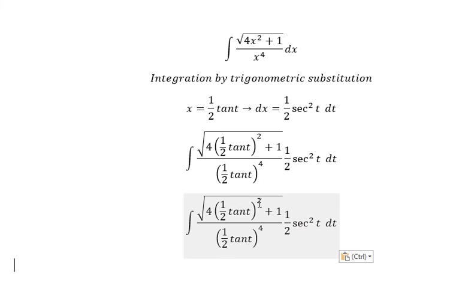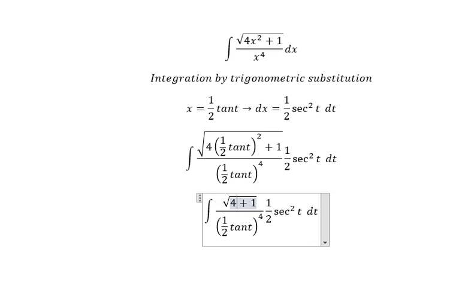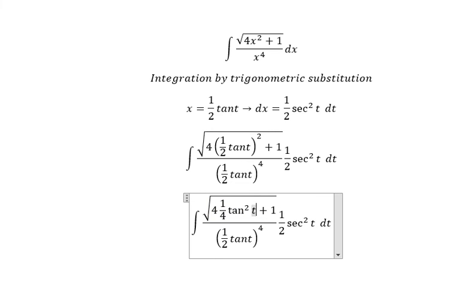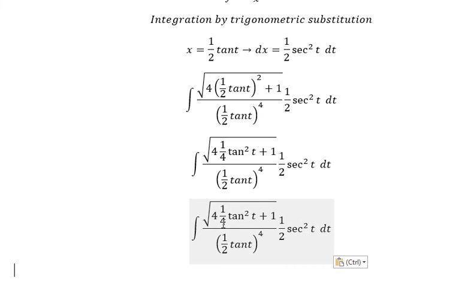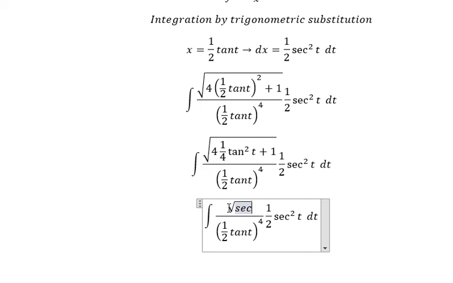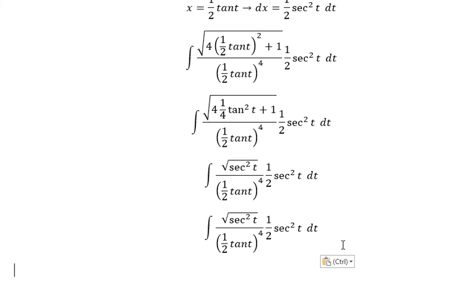So this one we have 1 over 4 tan t squared. Number 4, we cancel, tan t squared plus 1, we have secant of t squared. The square root of secant of t squared, you got secant of t.